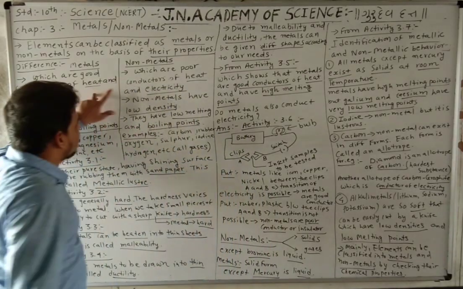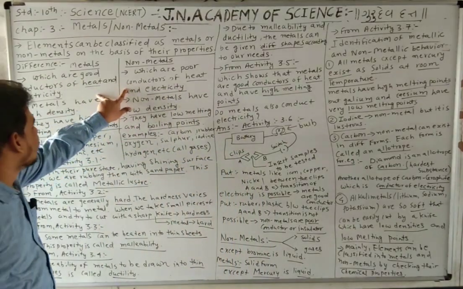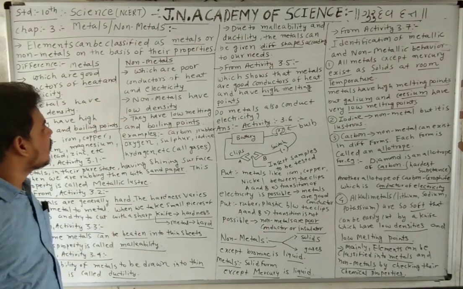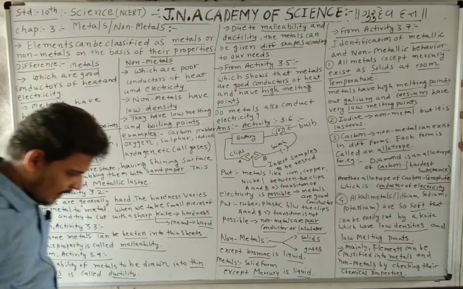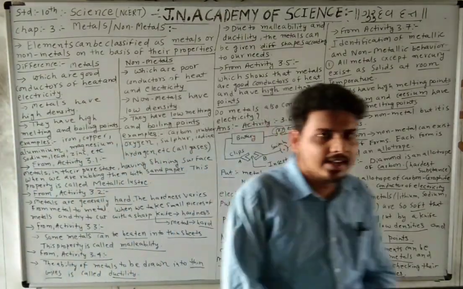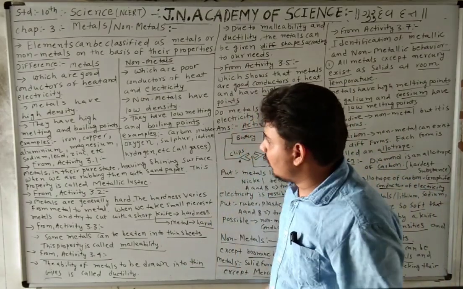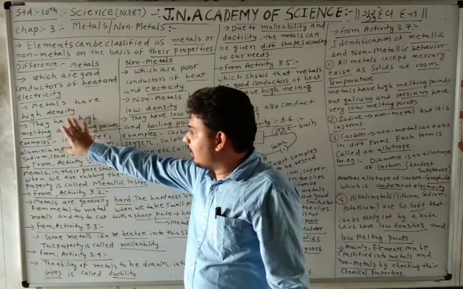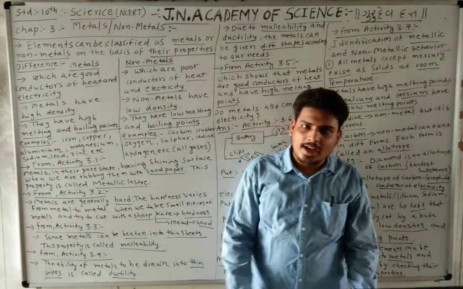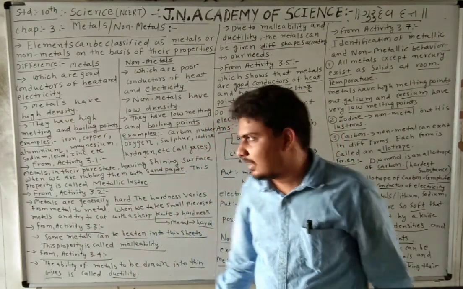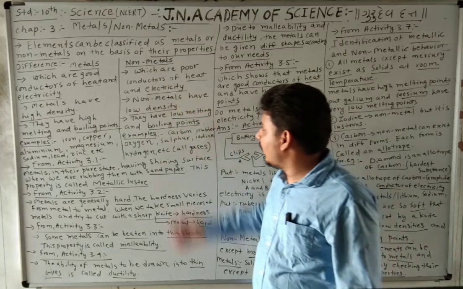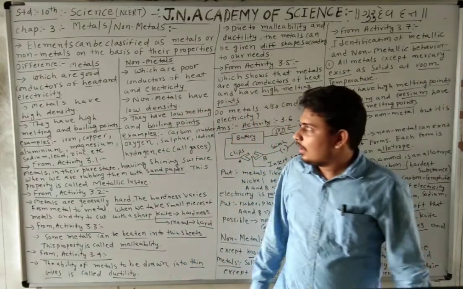So this is the main point of our lecture. Another thing is metals have high density. Density is nothing but mass upon volume. Metals have high density because their mass is very high, and non-metals have low density.